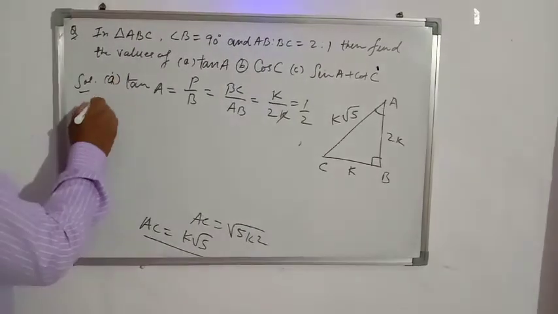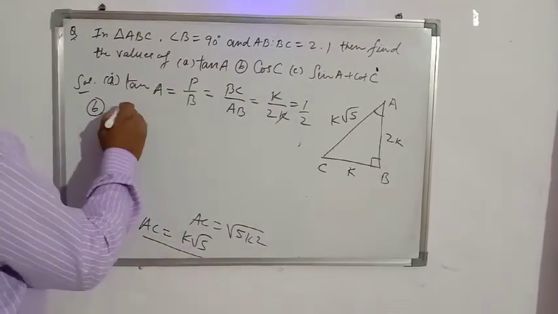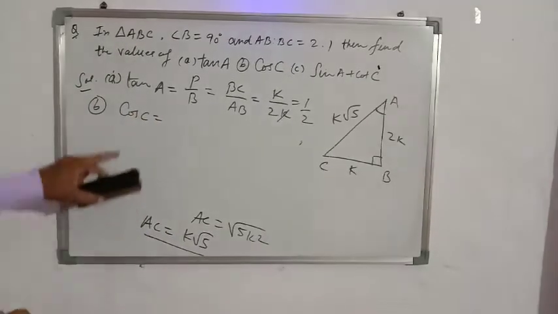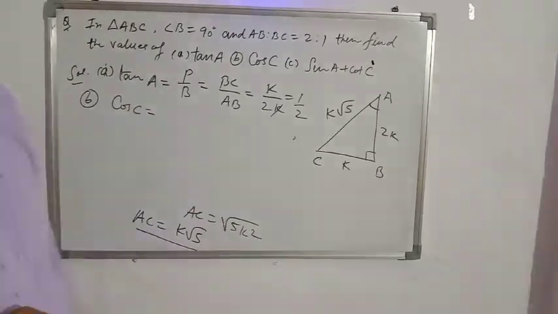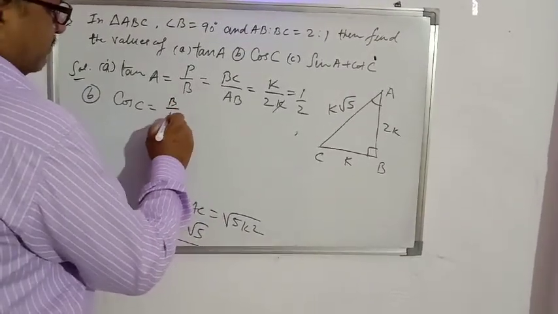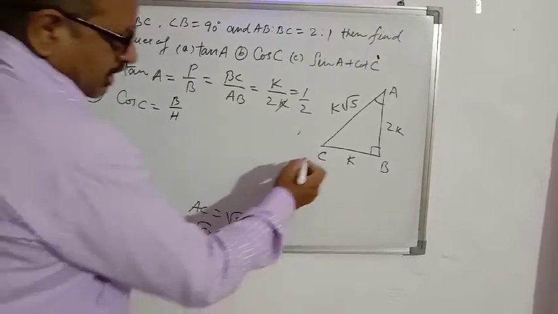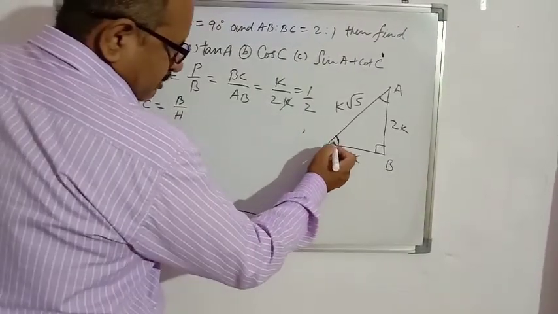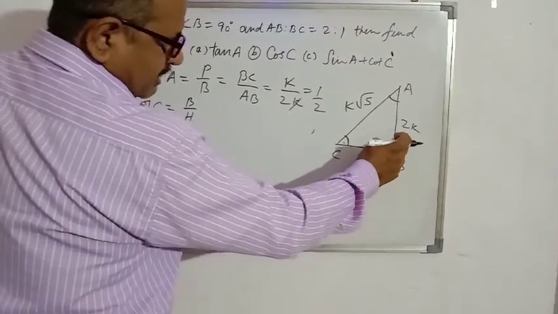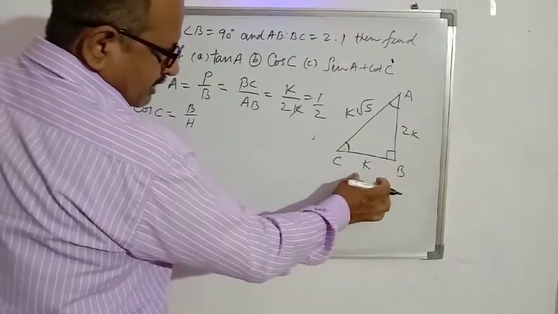Second part, cos C. So write the formula for cos in terms of perpendicular, base, hypotenuse. Cos C is base upon hypotenuse. Now we are taking this acute angle C. So angle C's opposite side AB will be perpendicular and this side will be base.